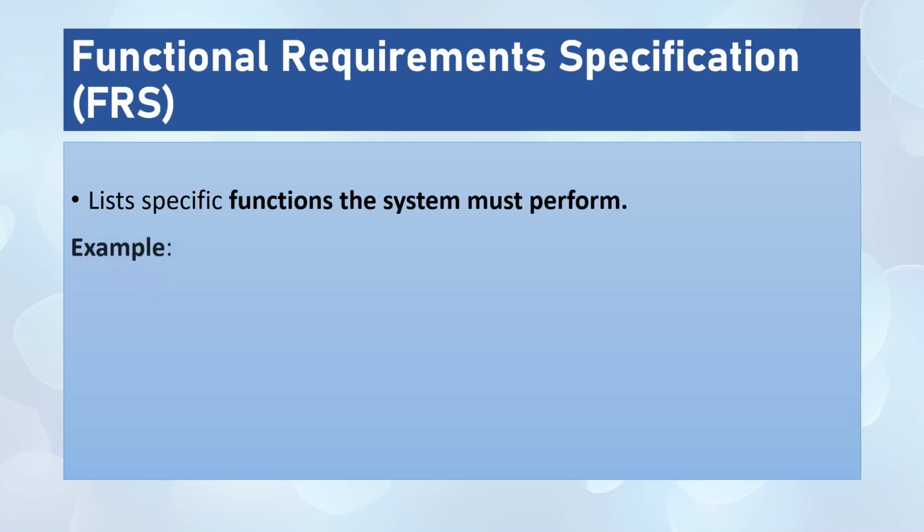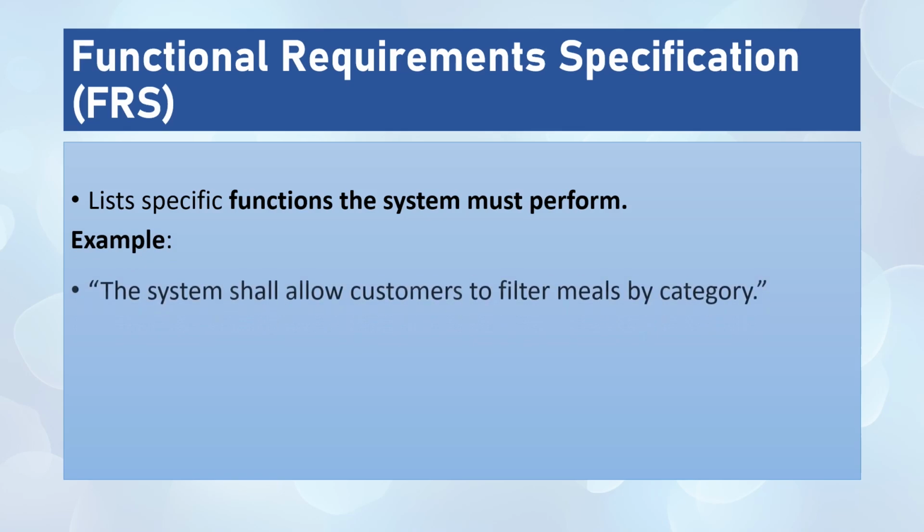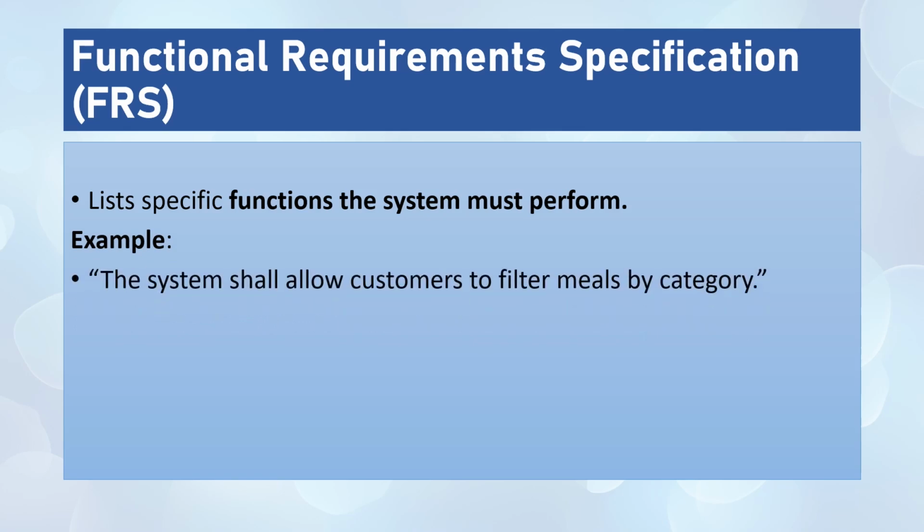So the specific functions that the system should perform. For example, if you say the system shall allow customers to filter meals by category, that is a functional requirement. That is the kind of thing that would show up in a functional requirements document or a functional requirements specification.